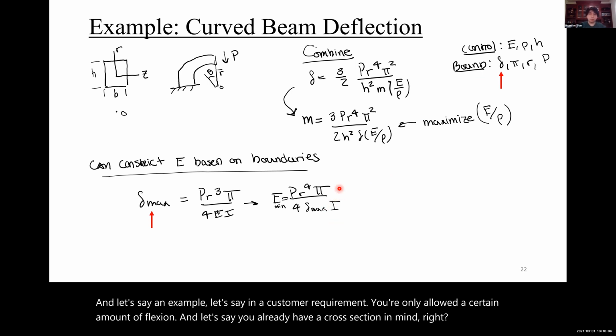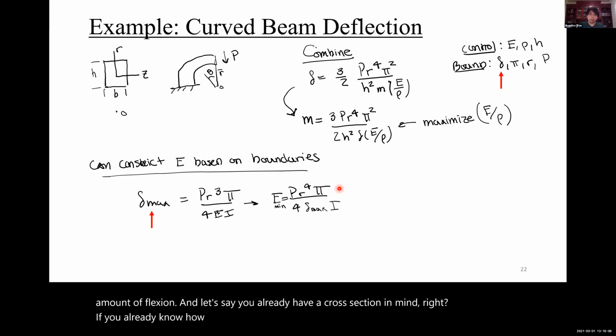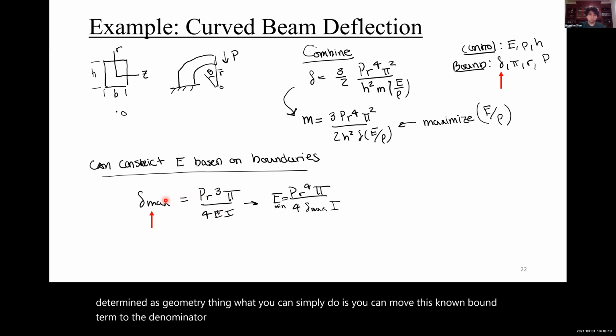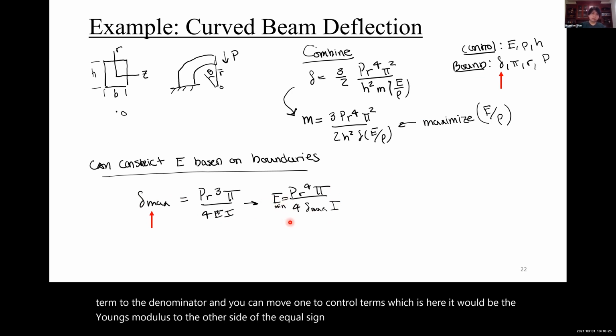If you already know how much deflection you can't go past, and you already have a predetermined geometry, then what you can simply do is you can move this known bound term to the denominator, and you can move one of the control terms, which here would be the Young's modulus, to the other side of the equal sign.